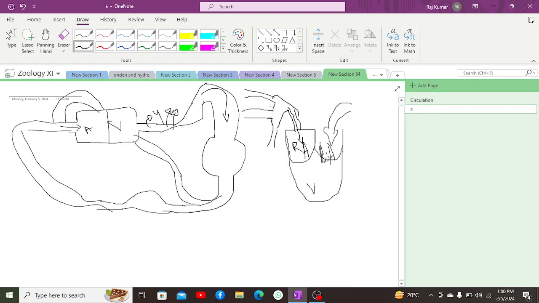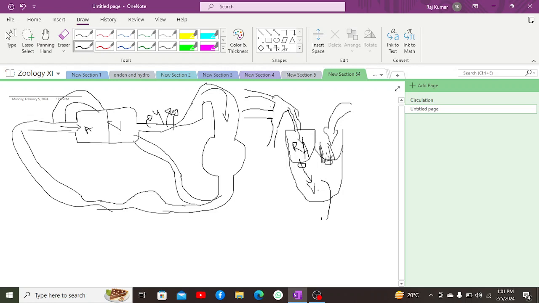Once one chamber is filled with oxygenated and the other chamber with deoxygenated blood, both chambers contract simultaneously, as a result of which the blood from the right auricle and left auricle is transferred into the ventricle, and the oxygenated as well as the deoxygenated blood is mixed up. As there is mixing or intermingling of the deoxygenated and oxygenated blood, it is known as an incomplete double circuit circulation.